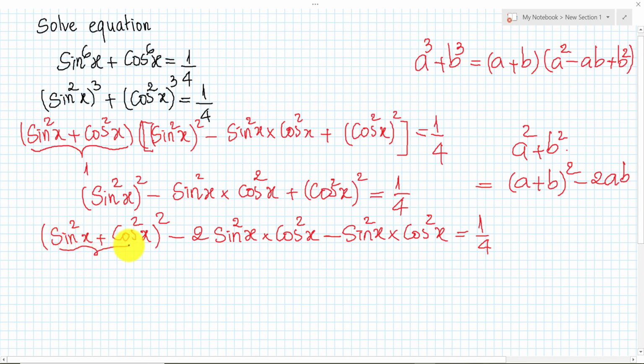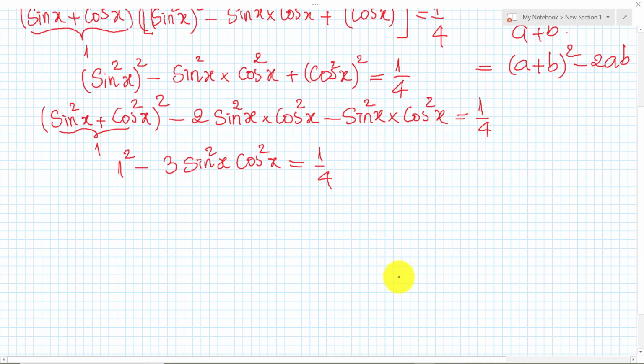This part is 1 squared, and the remaining terms are the same, so we get 1 minus 3 sin^2(x) times cos^2(x) equal to 1/4.